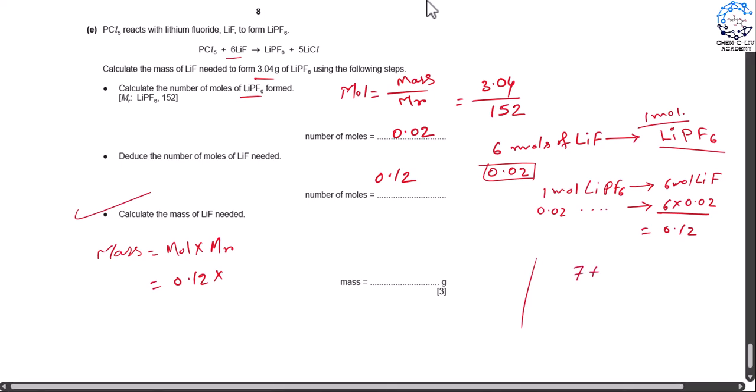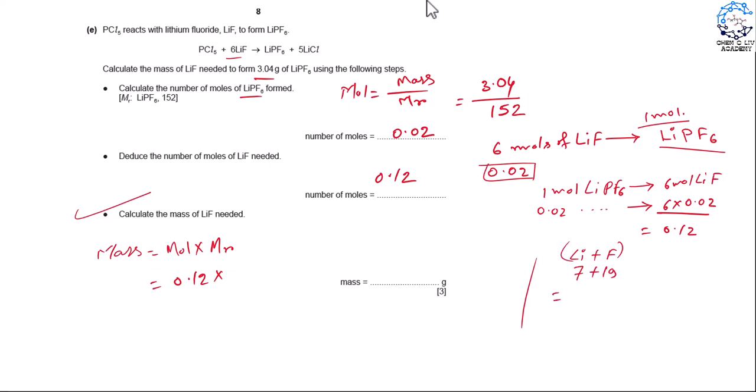So 7 plus 19, you are going to get 26. So 0.12 times 26. Let's do it on the calculator. So 3.12 gram. Okay, so this is your answer.